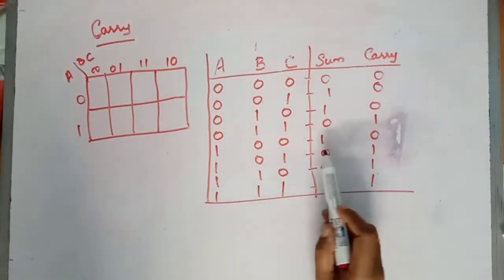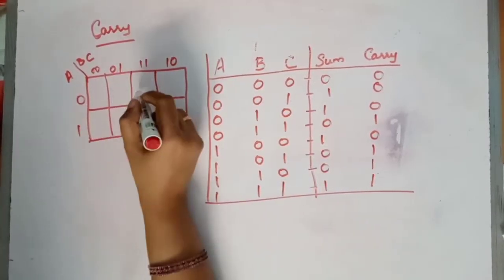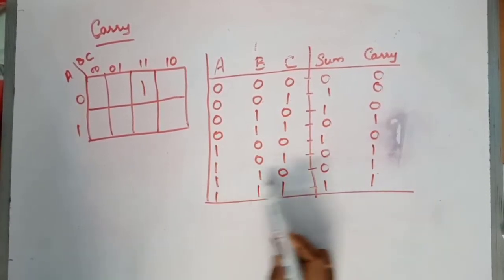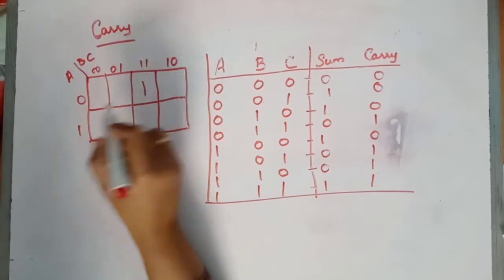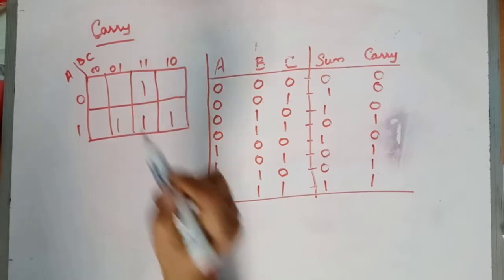So 0, 1, 1, output is 1. Then 1, 0, 1, and 1, 1, 0, and 1, 1, 1. All these cases, output is 1.